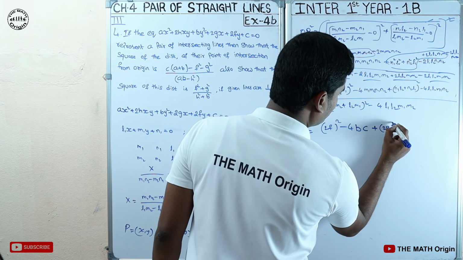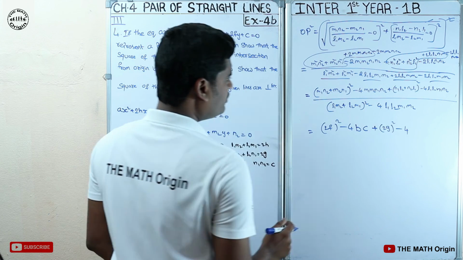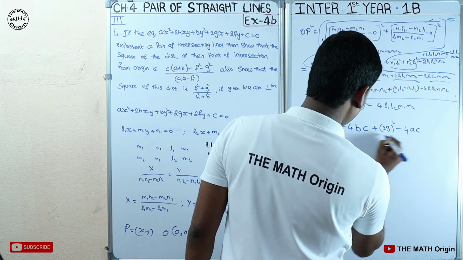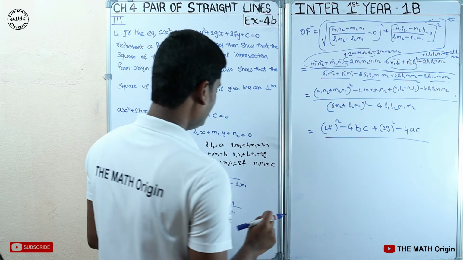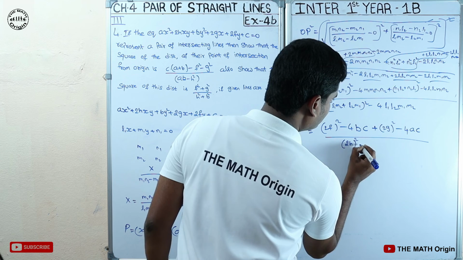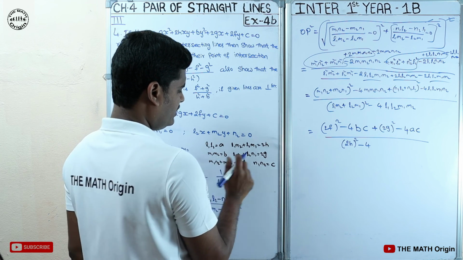So 2g whole square minus 4 l1 l2 n1 n2, which is ac, minus 4 ac, whole divided by l1 m2 plus l2 m1 which is 2h, whole square minus 4 l1 l2 m1 m2, which is a b.